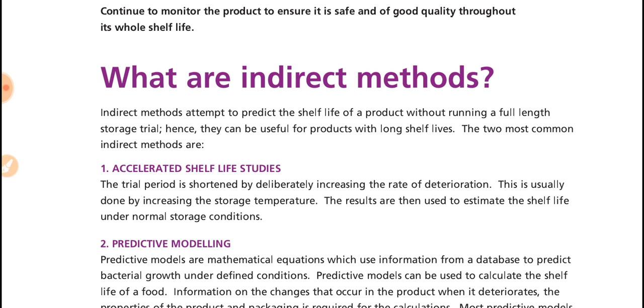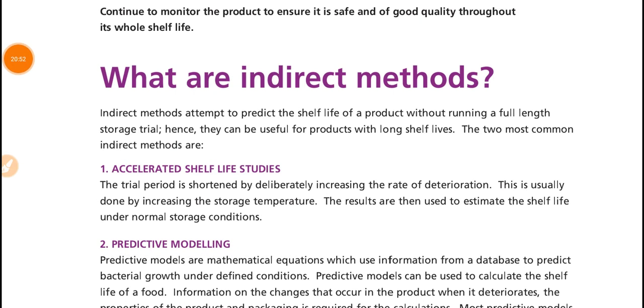If you increase the temperature by 10 degrees centigrade, then there will be a twofold increase in the rate of reactions. So it is twofold only, not tenfold. So based upon that, you can use the calculations of Arrhenius equations and find out the time when your food will be spoiled.